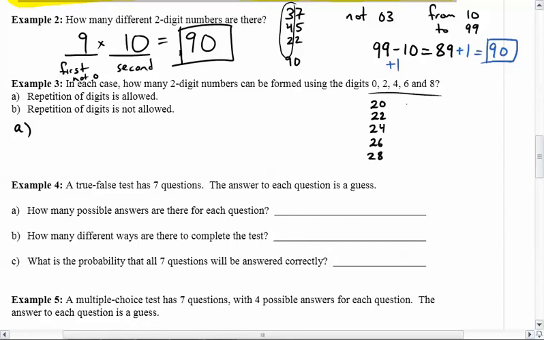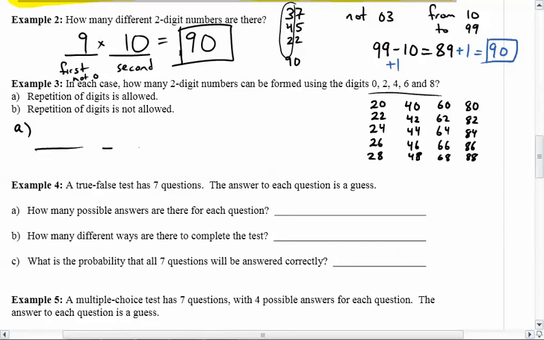This might not actually take us a long time to write out all the possibilities. 60, 62, 64, 66, 68, and 80. So you can see 1, 2, 3, 4 columns, 5 rows. We have 20 different numbers.